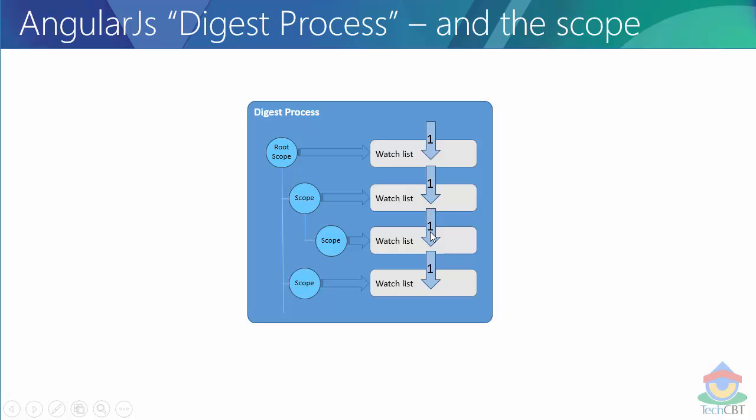So in that way, the digest process always kicks in or starts at root scope level, and further it will be identifying all the scopes nested as part of the root scope or nested further into the existing scopes, goes through each of those watch lists and figures out if there exists any changes, and if there are any changes it actually jumps to the further successive iterations of the digest process.